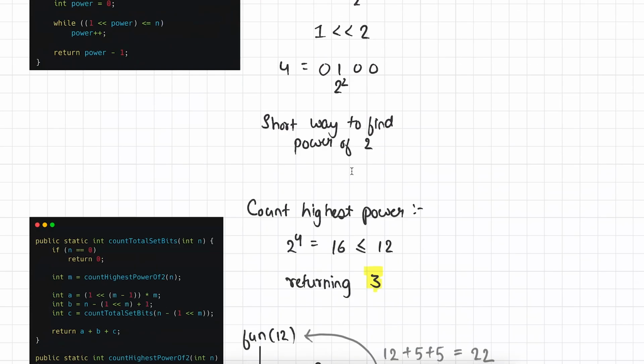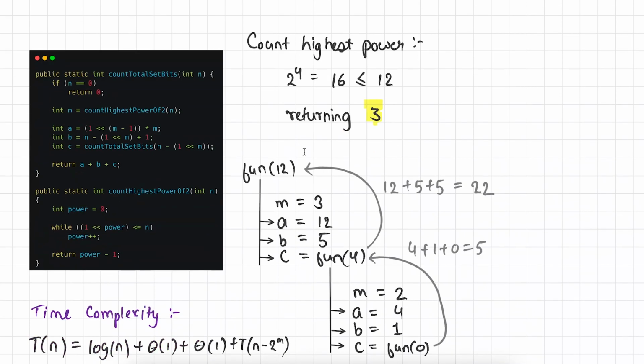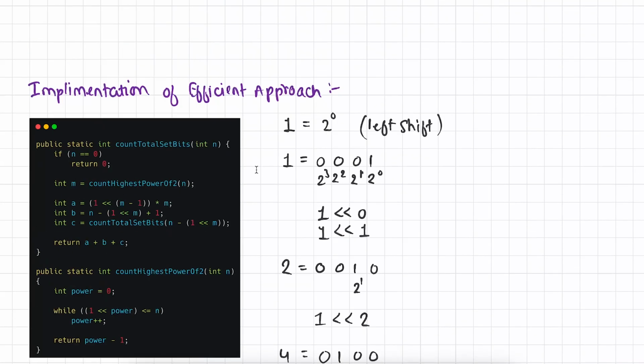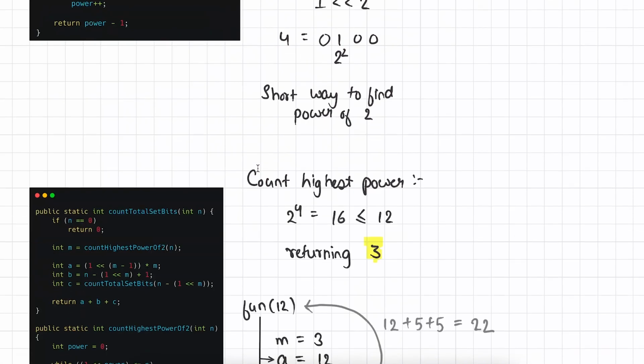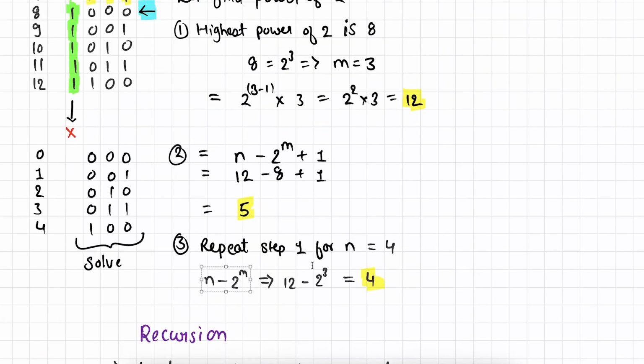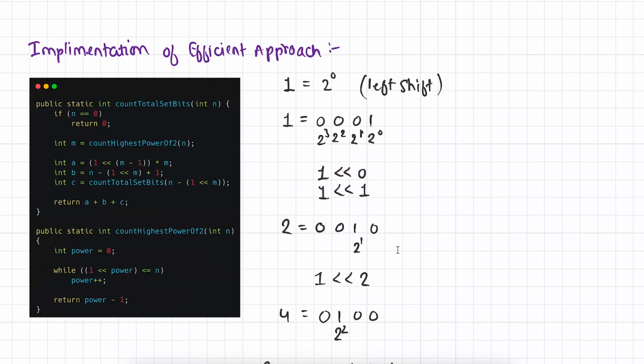So after calculating the value of a and b, we are simply making a recursive call to this function by passing the value of n minus 2 to the power m. This expression corresponds to this expression, right? Here we are reducing n, and we are again calling the same function for a smaller value of n. This is what we are doing, okay?